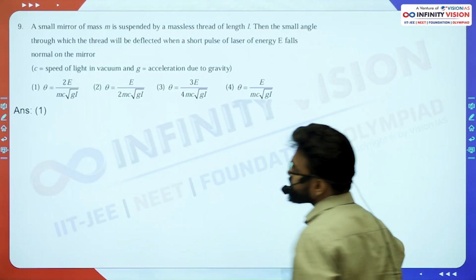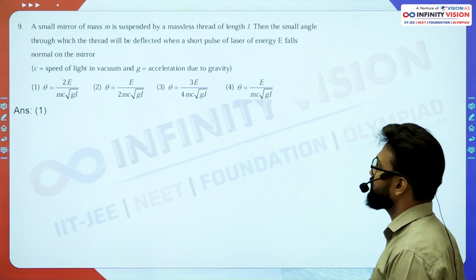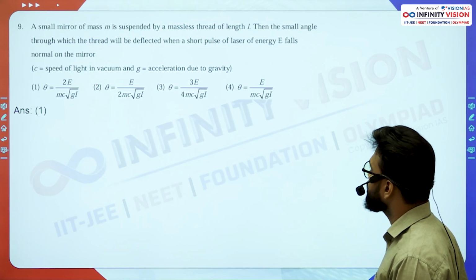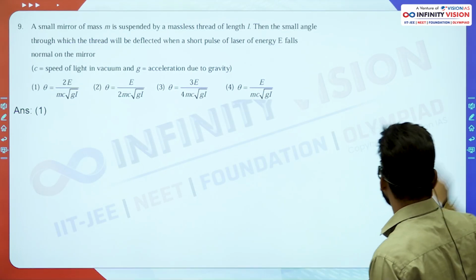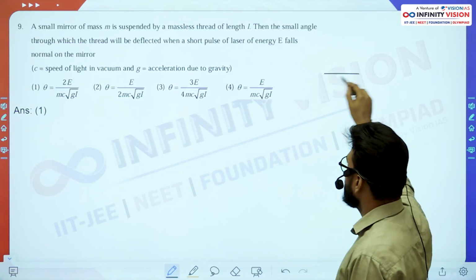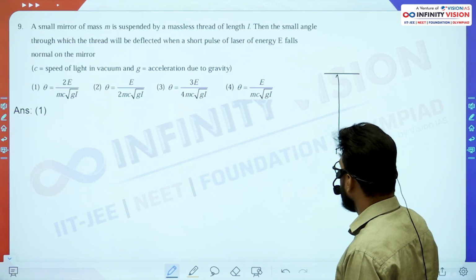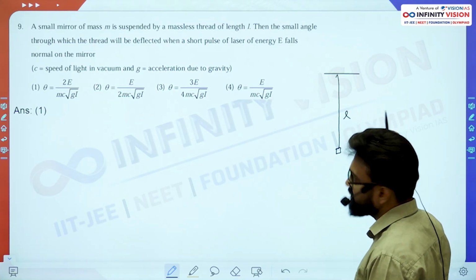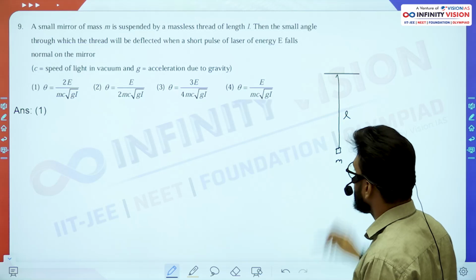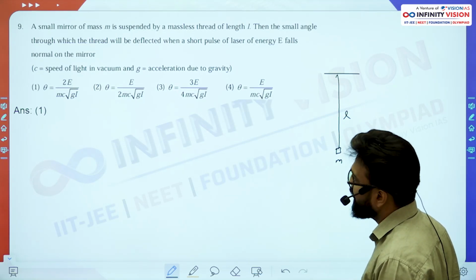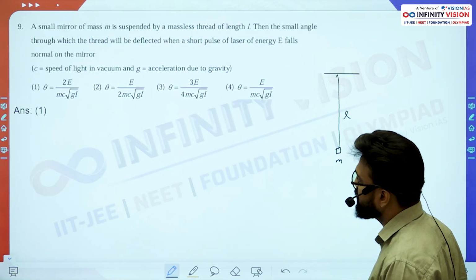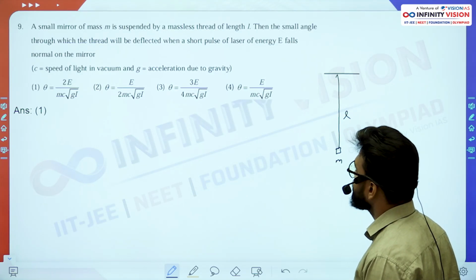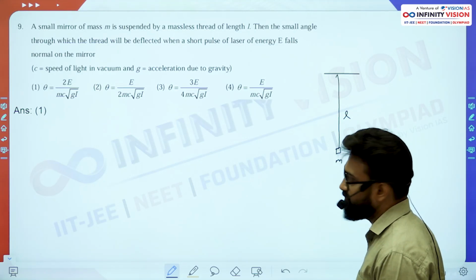Next, a small mirror of mass m is suspended by a massless thread of length L. I have been given this small mirror suspended by a thread of length L. Then find the small angle through which the thread will be deflected when a short pulse of laser of energy E falls normally onto the mirror.